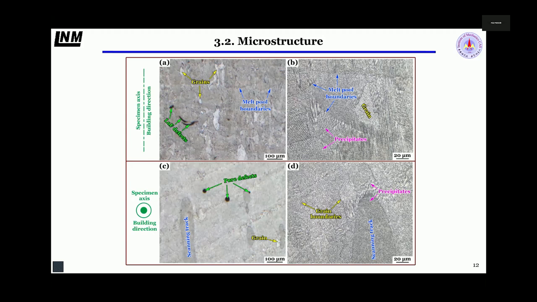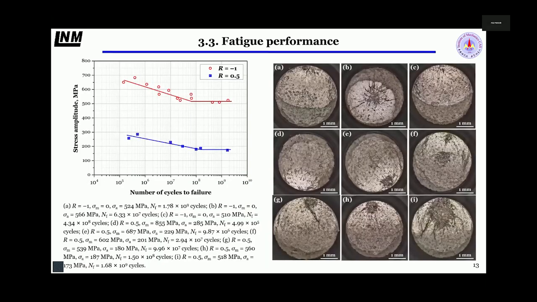In the enlarged optical microstructure, it's easy to find the precipitates. This figure shows the S-N curve. This figure shows the typical fracture surface under optical microscopy.